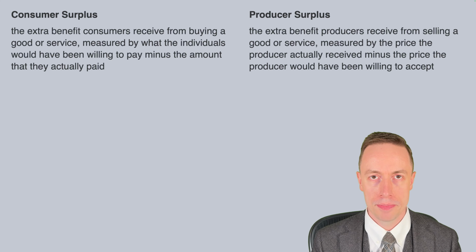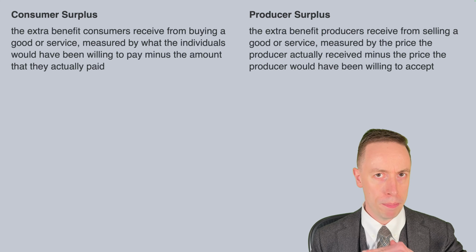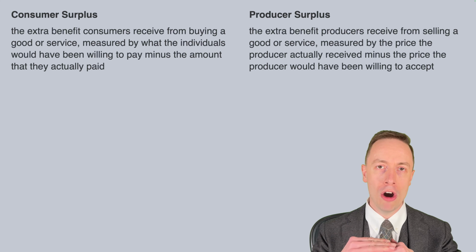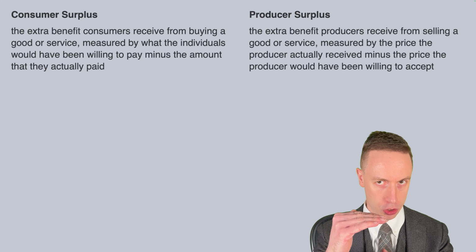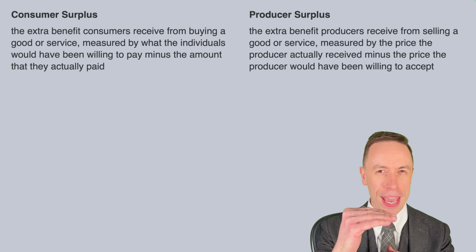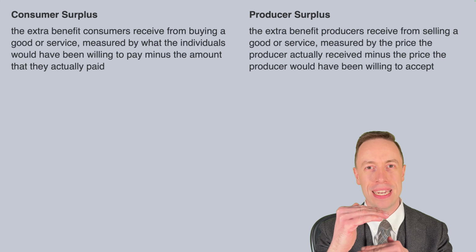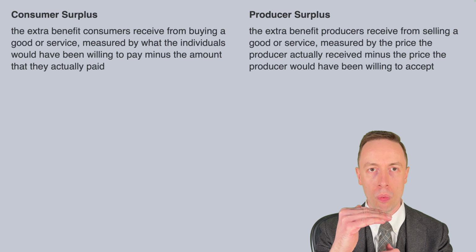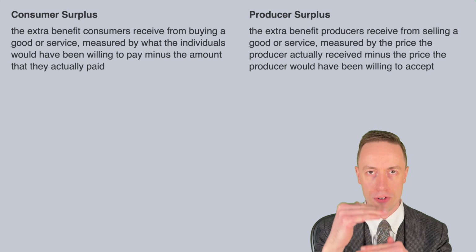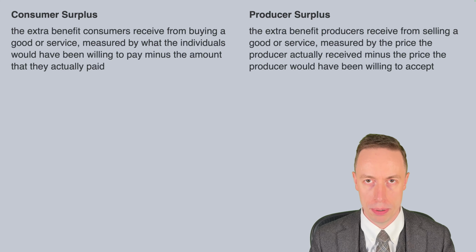Consumer surplus is the idea of contrasting what a consumer is paying for a product versus how much they would have been willing to pay. If they can find a product for less than what they would be willing to pay, we consider the difference consumer surplus.